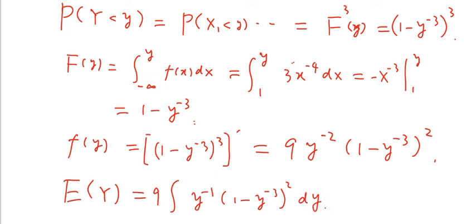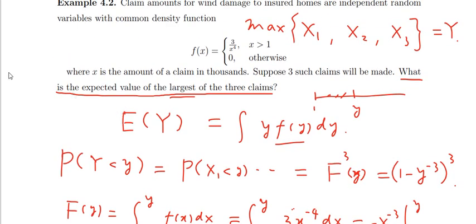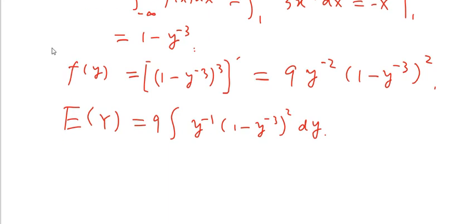And then what is the lower bound and upper bound for this integration? Let's say x is at least 1, so y is also at least 1, right? So y goes from 1 to infinity.